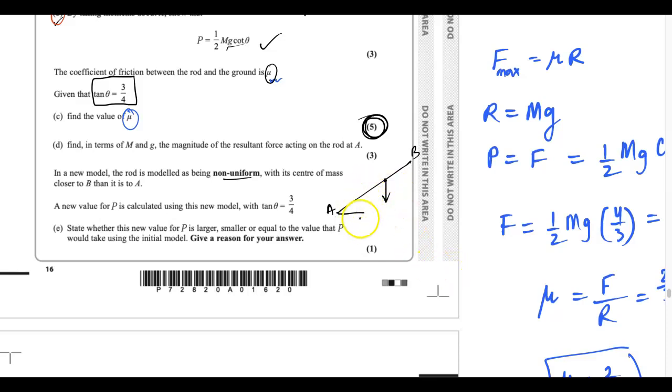So if the moment of weight about A is larger, that means you have to take this reaction to be stronger, I mean greater. You will say that this P is greater than, say for example, it's P dash. So P dash is greater than P, because if the rod goes non-uniform and our center of mass moves closer to B, then we have a moment about A with a greater value, moment of weight.